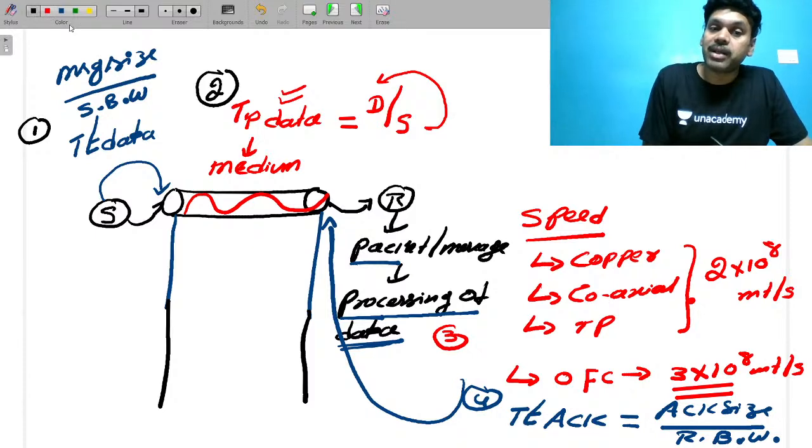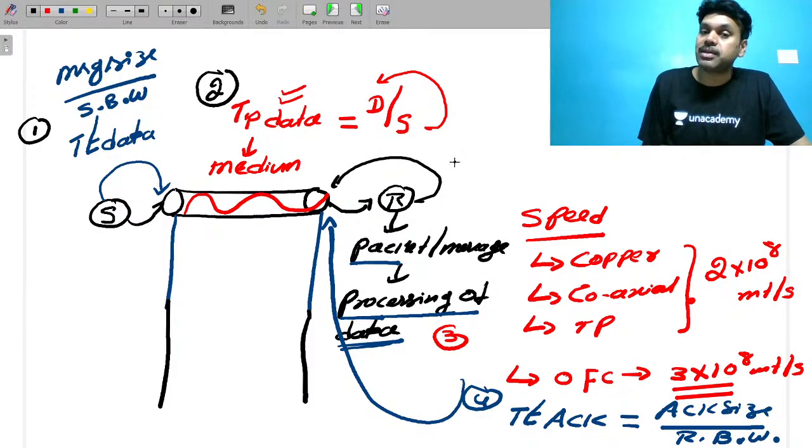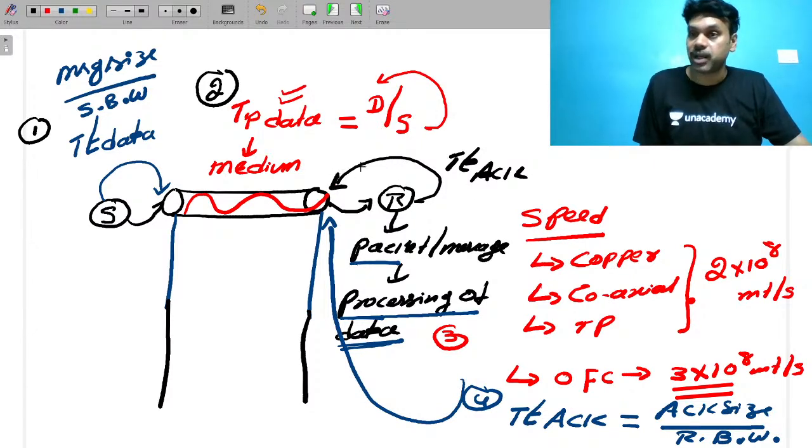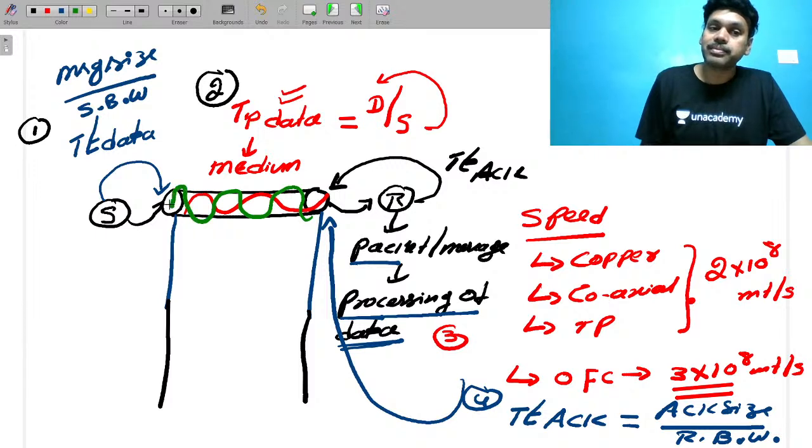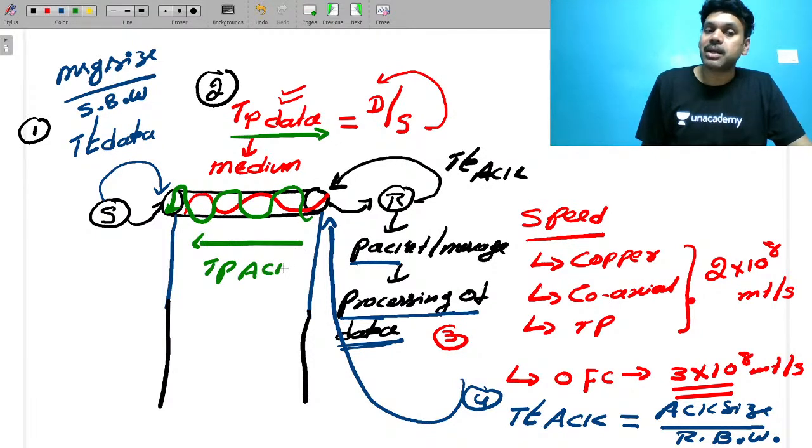And the fifth one: whenever the receiver places the acknowledgement, he takes some time, which is the transmission time for acknowledgement. This acknowledgement also makes a physical journey from the other end to our end. So this is a TP for data in the other direction, a TP for acknowledgement from receiver to sender.